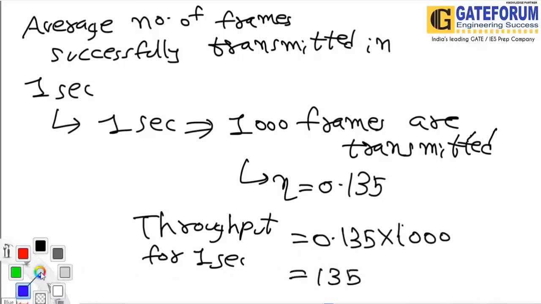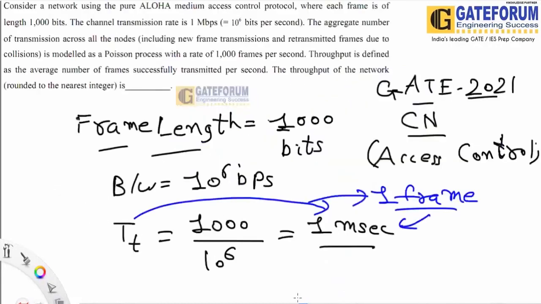Basically, out of 1000 frames, 135 frames are successfully transmitted in 1 second. So the answer would be 135. The throughput of the network is calculated as the number of frames per second.